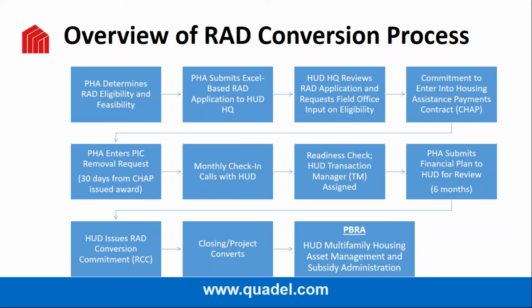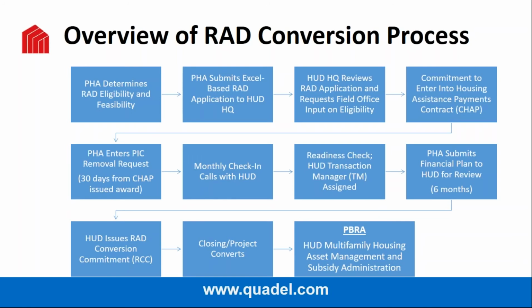ultimately they have 60 days following receipt of their commitment to enter into a housing assistance payment contract, or CHAP, to make and confirm their final decision of whether they wish to proceed with RAD-PBV or RAD-PBRA. This flexibility allows the PHA or owner and their staff and their development team to discuss and weigh both options of PBV versus PBRA with prospective lenders and with prospective investors.